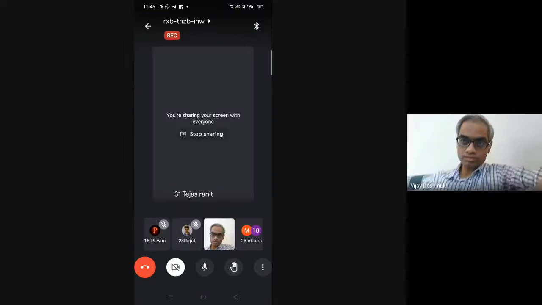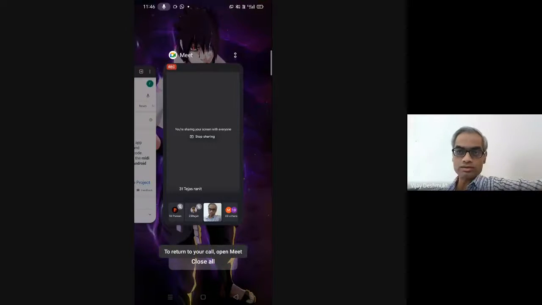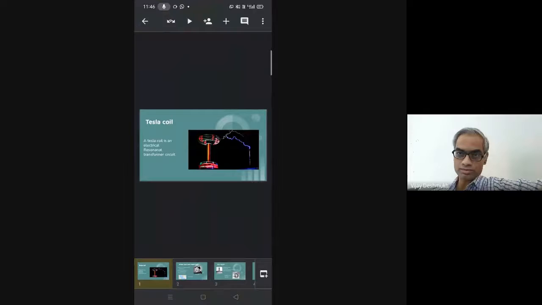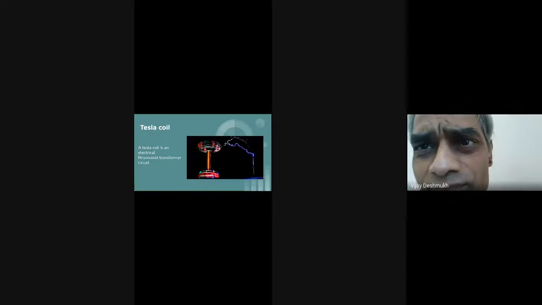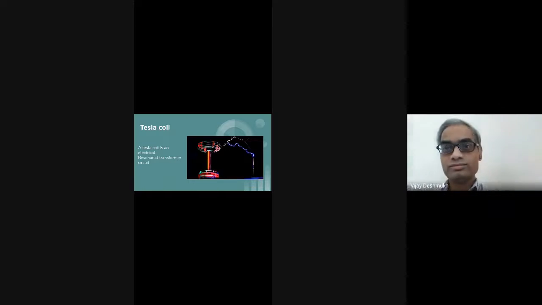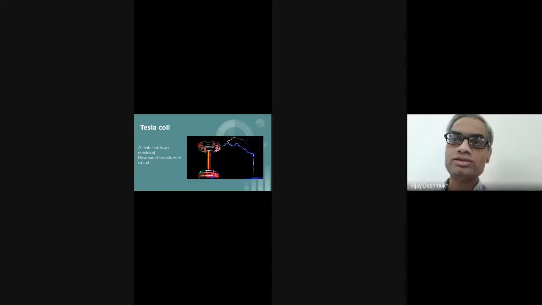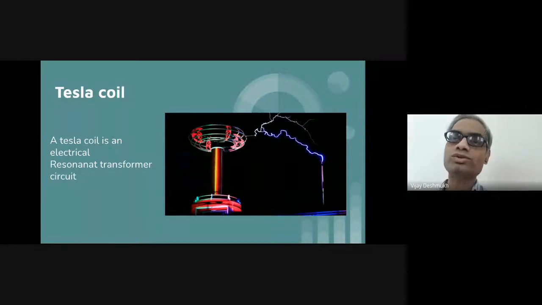Yes, I can see you are sharing. The screen looks very small. Yes, it is visible, but it is not readable. Turn on auto rotation. Check the auto rotation. Now it's okay.